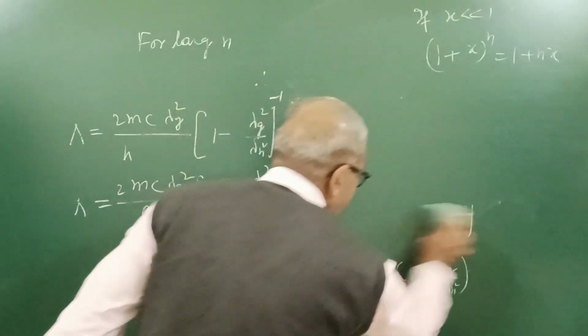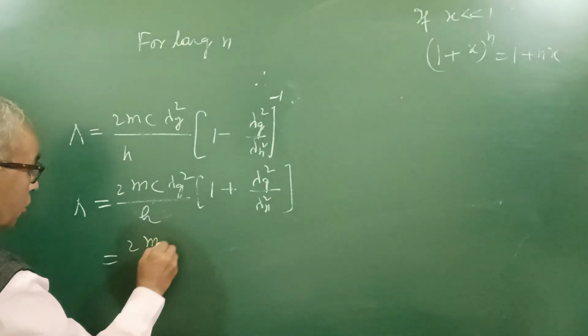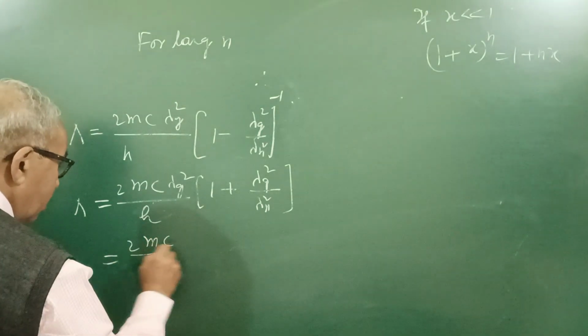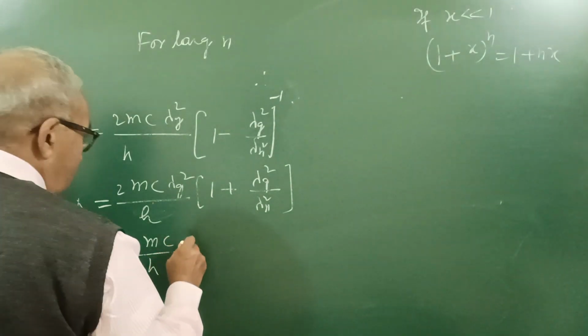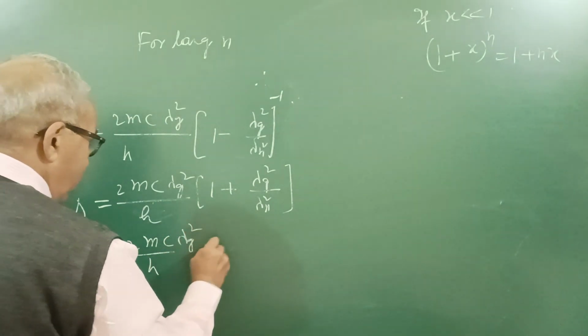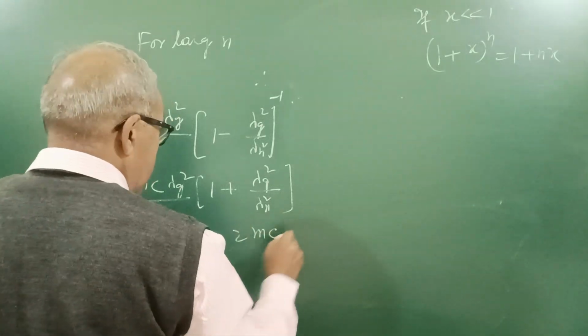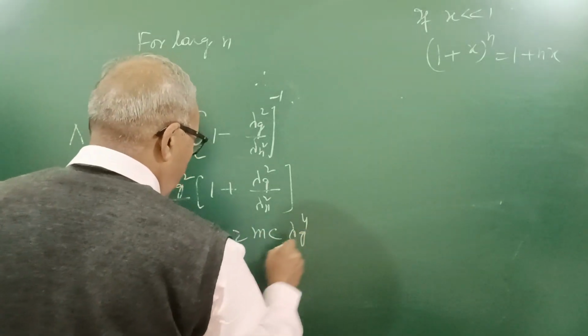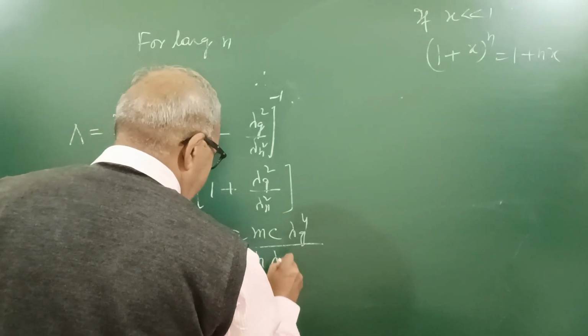If we open this bracket, please do good practice, this gives 2mc lambda g square upon h plus 2mc lambda g to the power 4 upon h lambda n square.